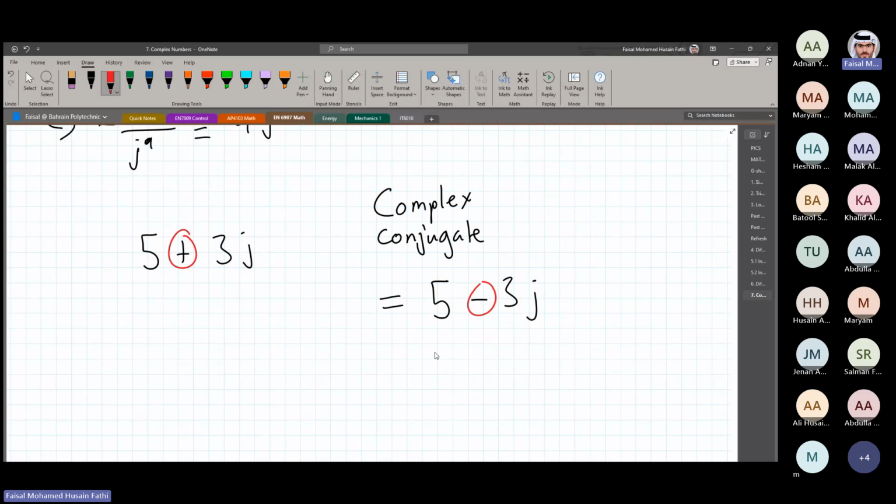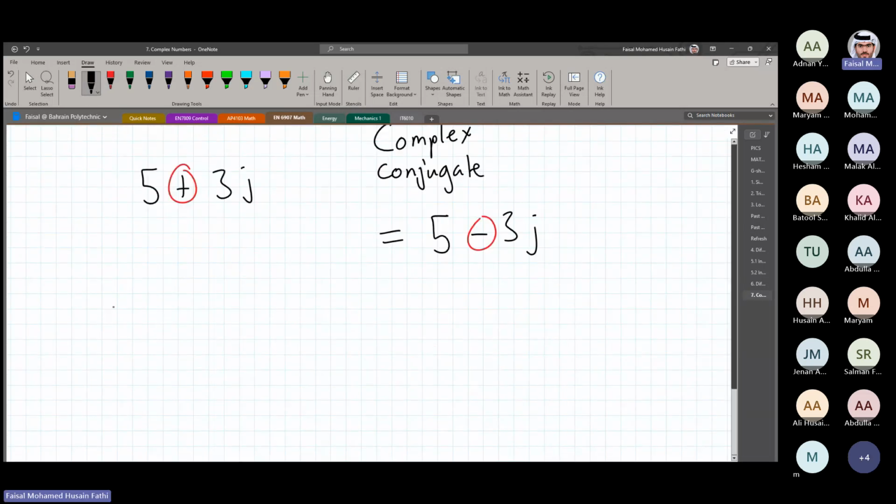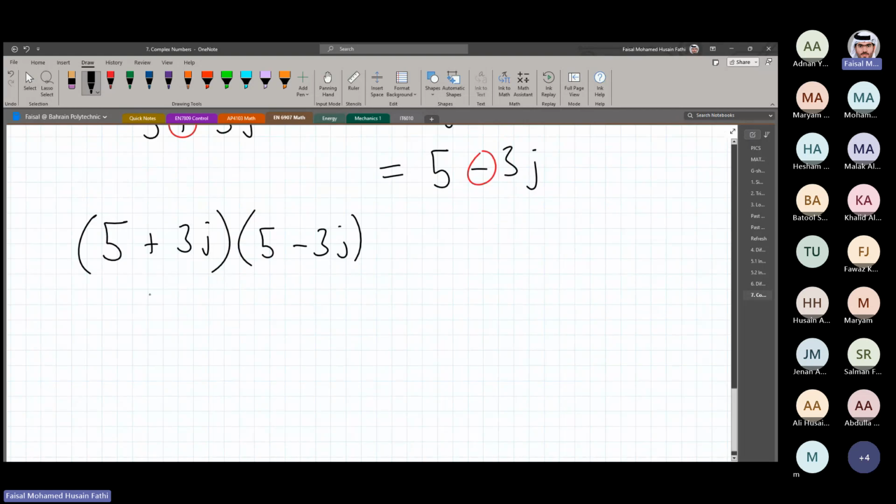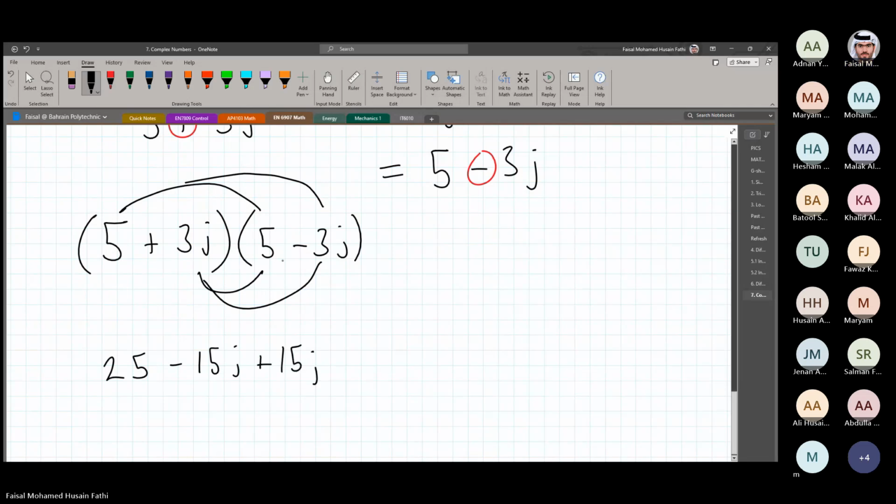If you multiply 5 plus 3j by its complex conjugate, let's see what happens. Let's distribute, simple multiplication. 5 times 5 is 25. 5 times minus 3j is minus 15j. 3j times 5 is plus 15j.